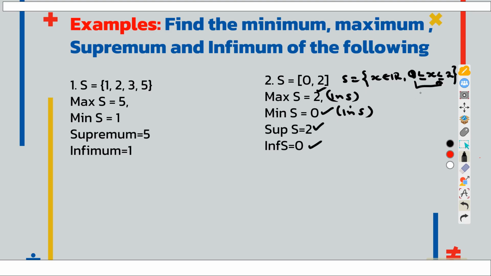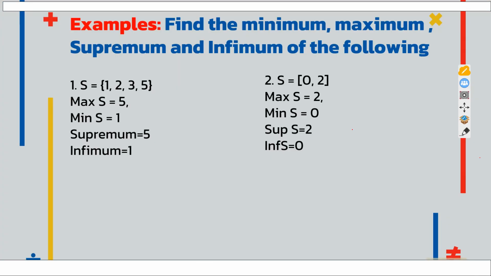Then the infimum will be 0, because all the elements you will list in this set will be greater than or equal to 0. So 0 qualifies to be the infimum of the set. From that, we shall be able to answer question 2.